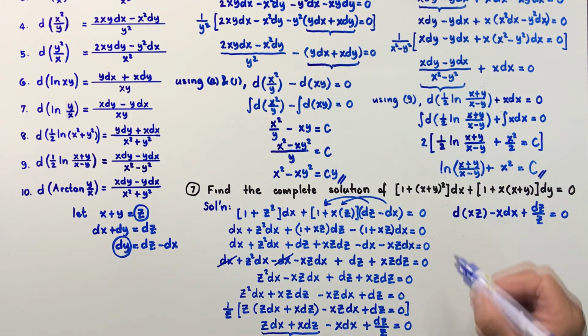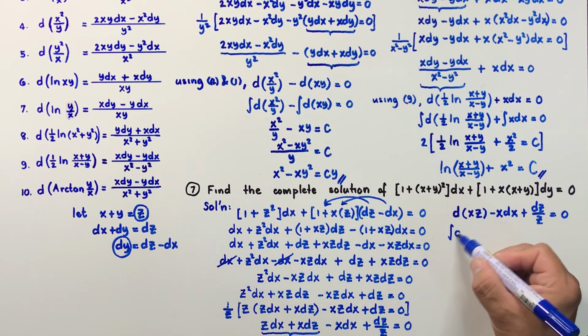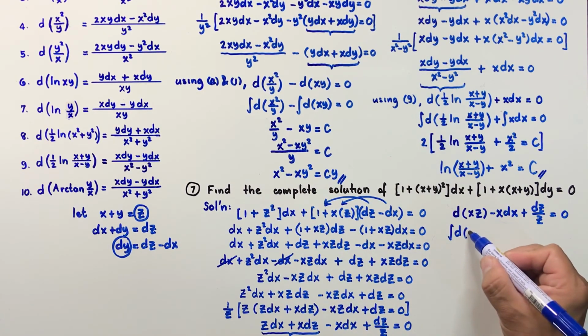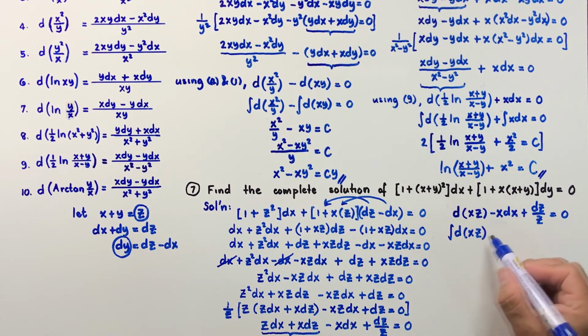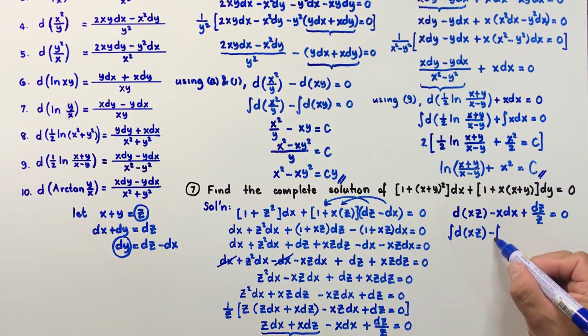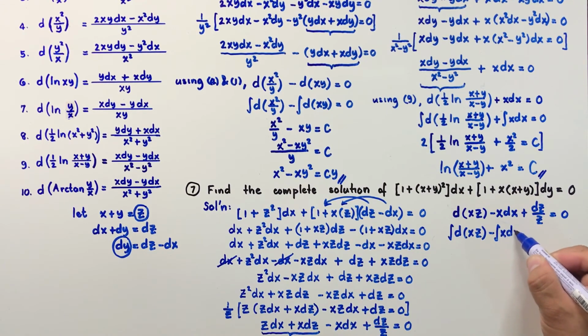And taking the integral of each term of this equation, we have the integral of the differential of the product of x and z minus the integral of x dx plus the integral of dz over z, which is equal to 0.